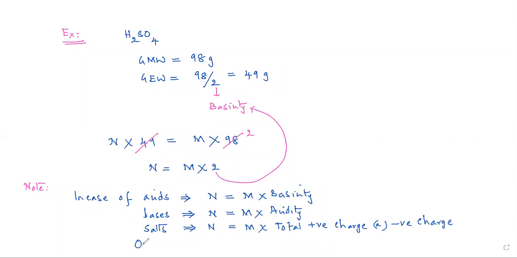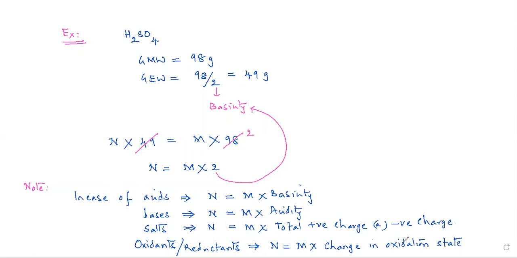And in case of oxidants or reductants, normality can be given as molarity multiplied by change in oxidation state, right?